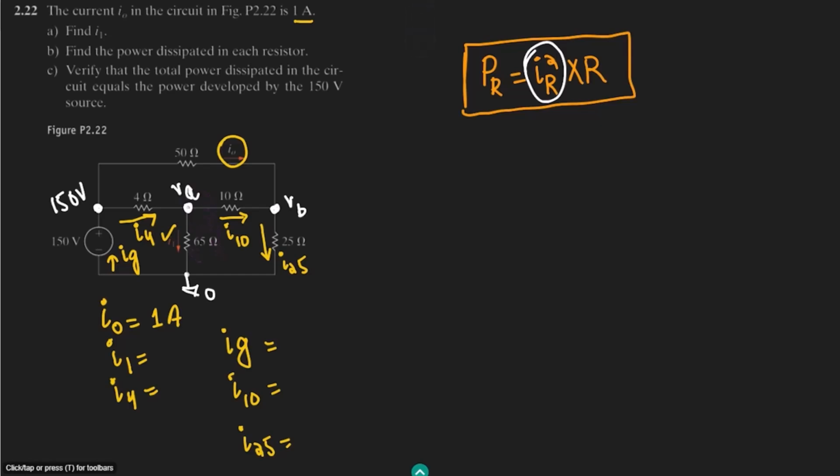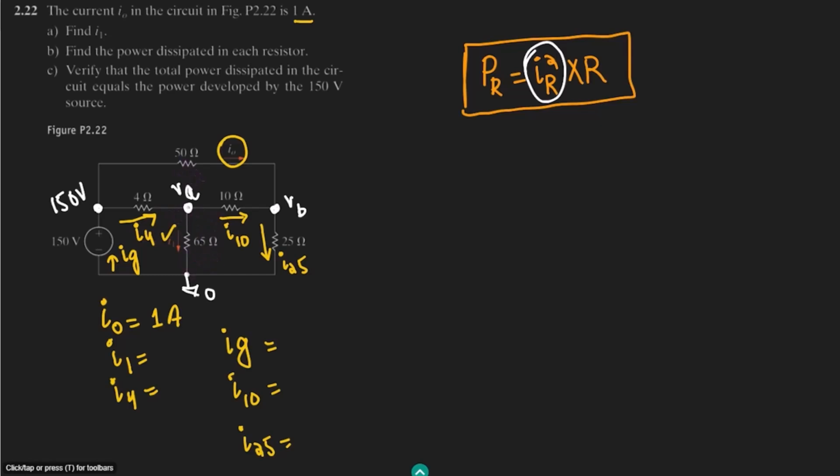Why this? Because I want to find the currents, and with each element we have 3 quantities associated: voltage, current, and resistance. If any 2 of them are known, the third can be easily found. So if the voltages are known, we can easily find the currents.